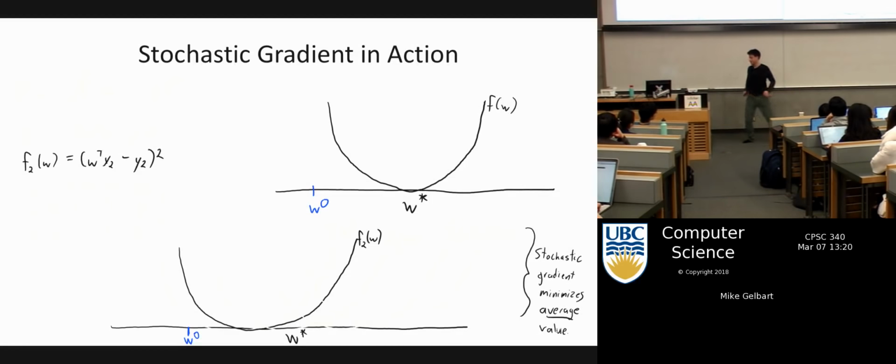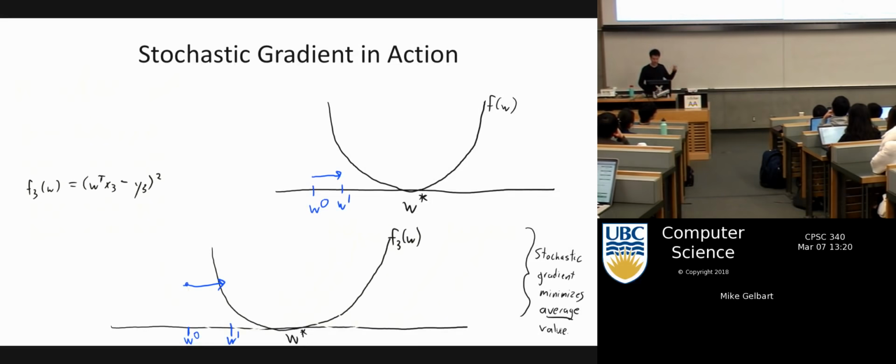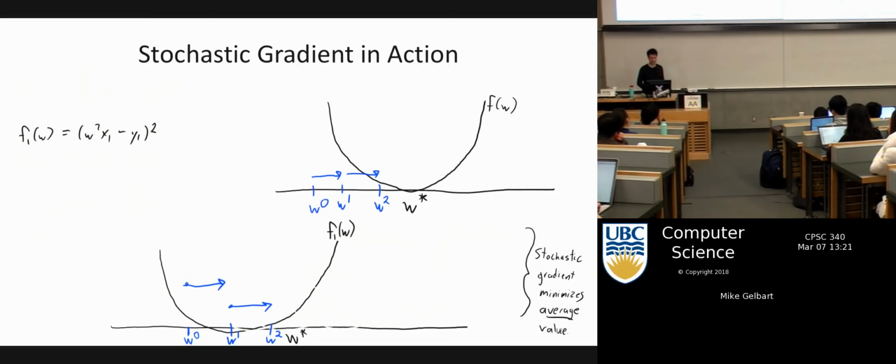We start at W0, we compute the gradient, tells us to go right, we go right. Now we pick a different random example. So now we're suddenly, if you will, minimizing a different loss, or taking a gradient with respect to a different loss. It again tells us to go that way. We pick another random example. And now look where we are. Here we're on W2. According to this parabola, to get to the minimum here, we need to go left.